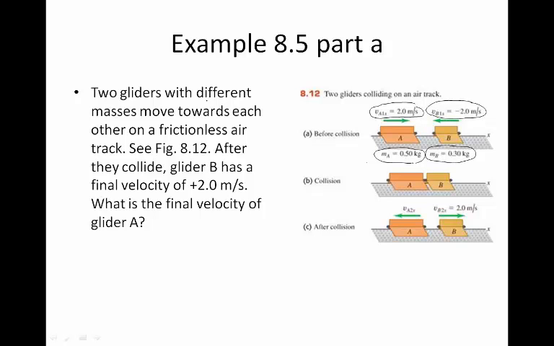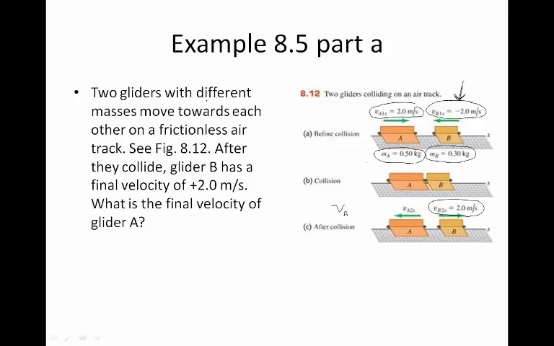After they collide, glider B has a final velocity of 2 meters per second to the right. Notice when it was going to the left, it had a negative velocity, and now when it's going to the right, it doesn't. The thing we aren't given is the final velocity of glider A.